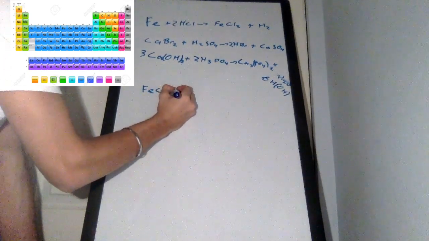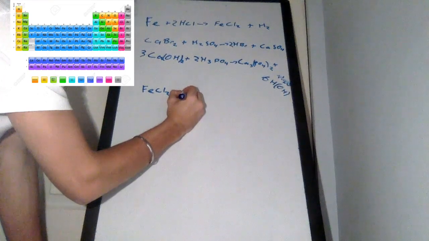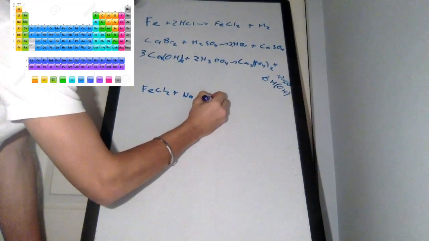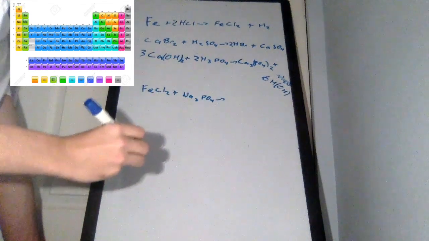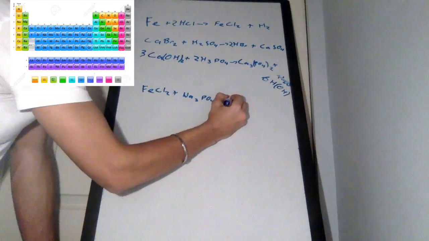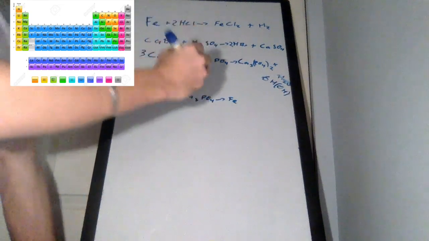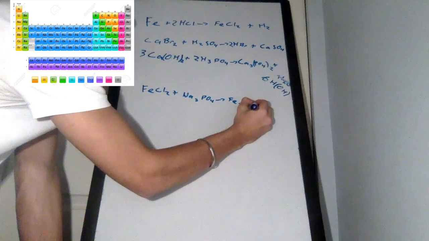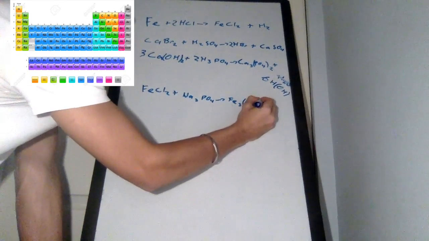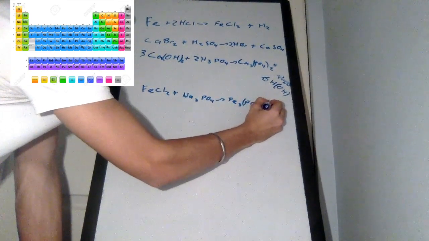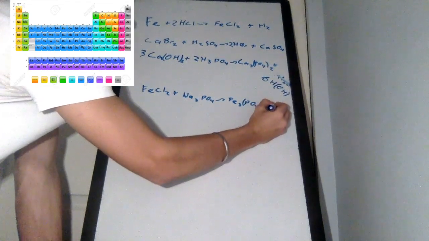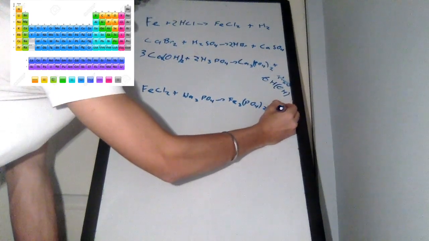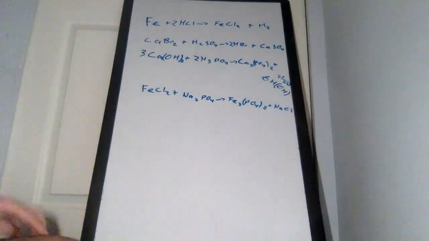FeCl2 plus Na3PO4 goes to Fe3PO4 2 plus NaCl.